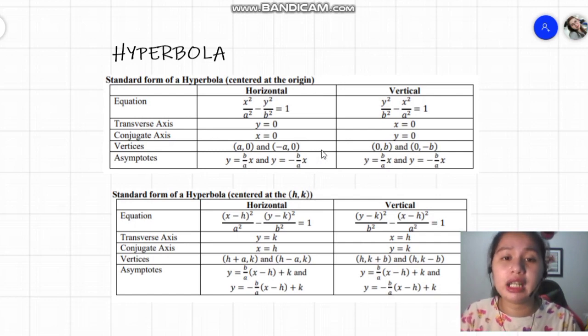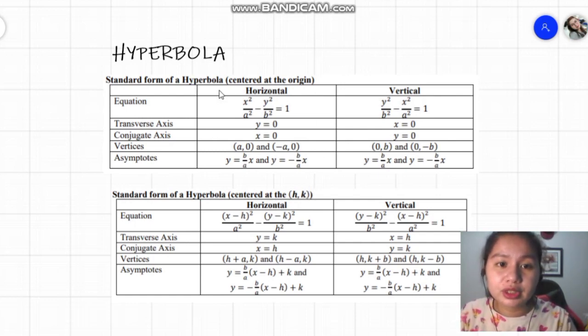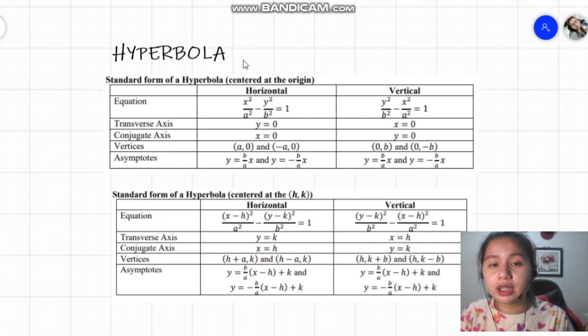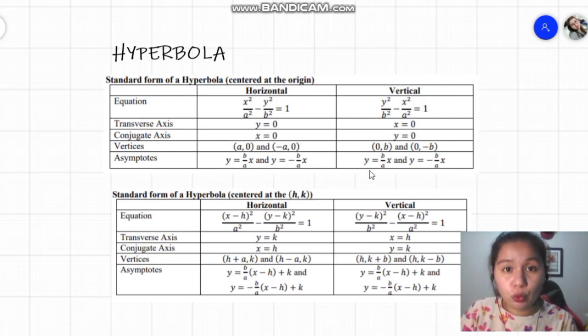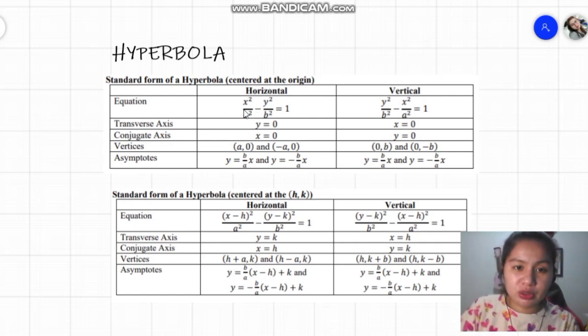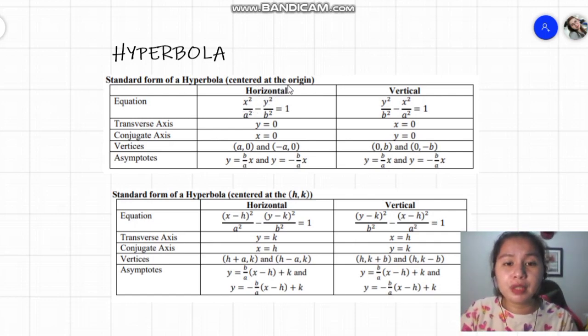It means may value. For example, this one, centered at origin, automatic ang center niya ay 0, 0. And then, kapag hyperbola naman center at (h, k), for example, ang center mo ay (1, 2). Of course, magkaiba ang equation ni hyperbola center at origin and then hyperbola center at (h, k).